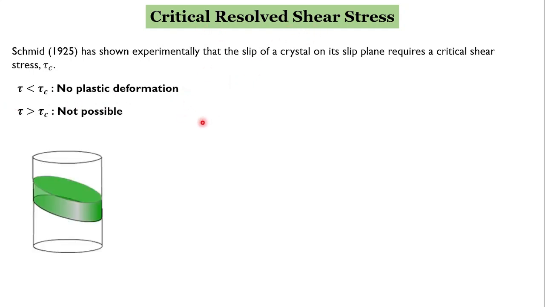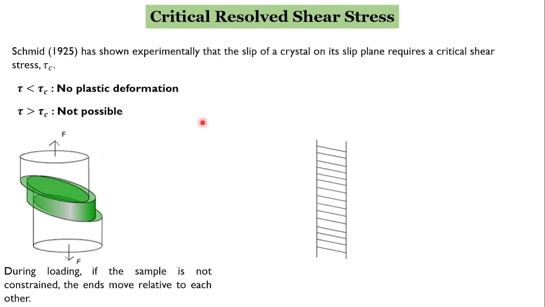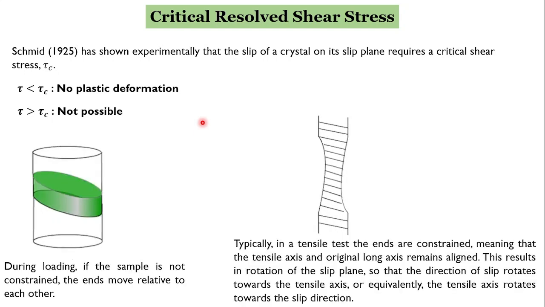Now, if we carry out that tensile test without constraining the ends, then the ends will move relative to each other, and this kind of scenario will be achieved. But in a real test, the ends are constrained. So the slip direction moves towards or away from the tensile axis.